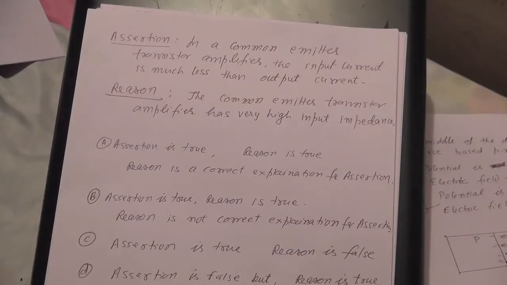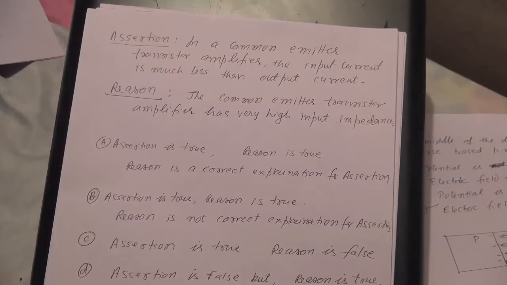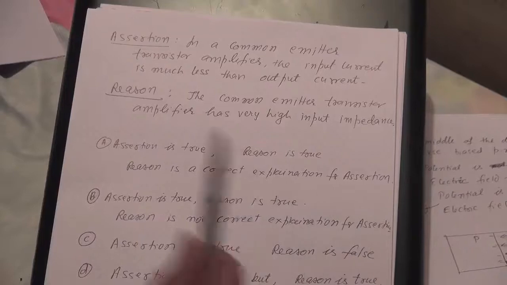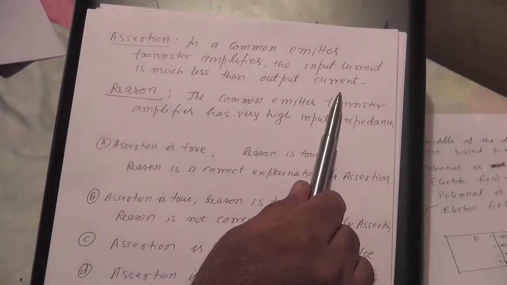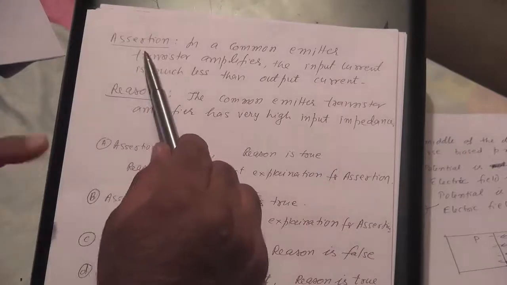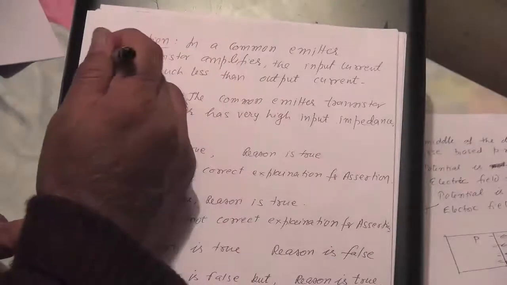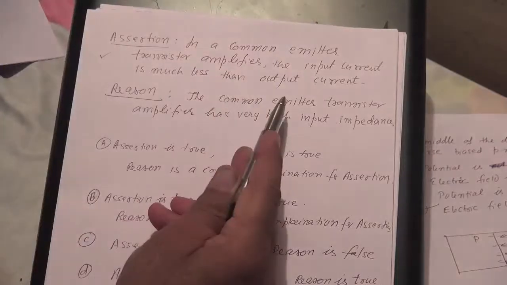Assertion. In a common emitter transistor amplifier, the input current is much less than the output current. We know it is correct. Input current is always a small current, base current. Output current is always a large current. So this assertion is right. Now, the reason for this.